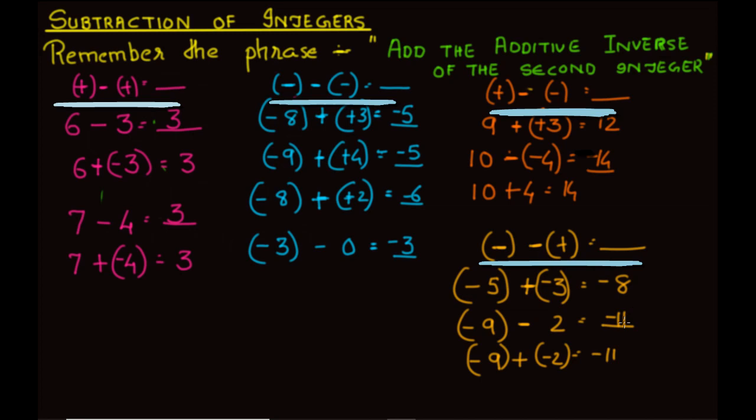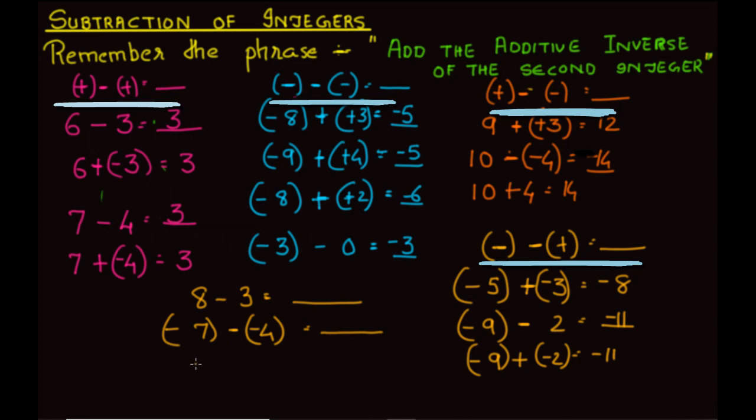How is that, children? Isn't that cool? So let me just write down a few sums. Let's see whether you can get it right, okay? So my problems are 8 minus 3. Come on, work it out. The other one is going to be negative 7 minus negative 4.